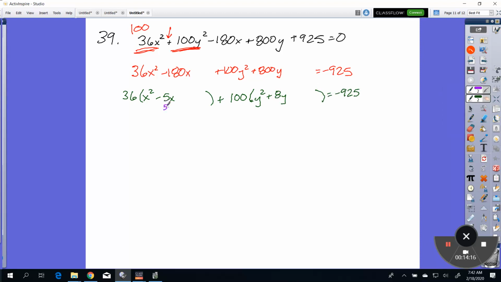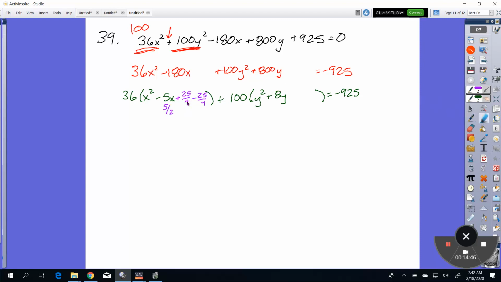So now we take half of 5, which is 2.5 or 5 halves, and then we square that number, right? So squaring it becomes 25 fourths. And I know that's weird, but I'm going to write 25 fourths inside of here at the same time, because you can add 0 to a problem without changing it. So that's in essence what we're doing, is really adding 0 to the problem.